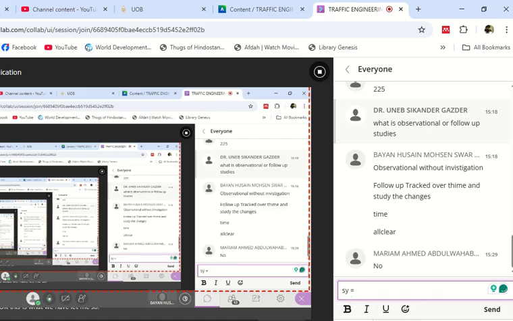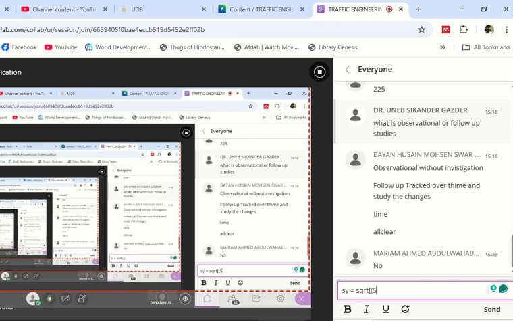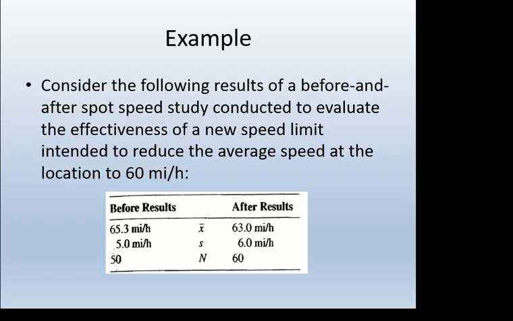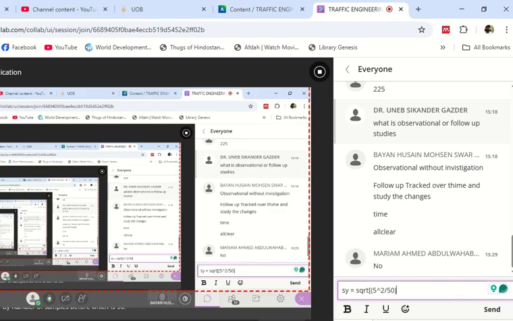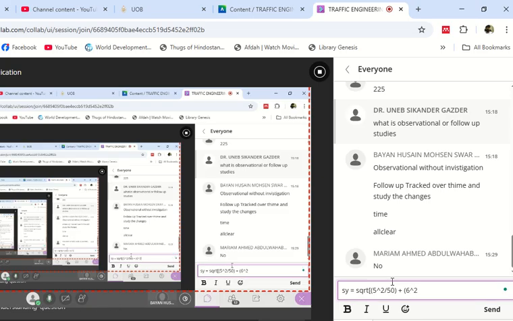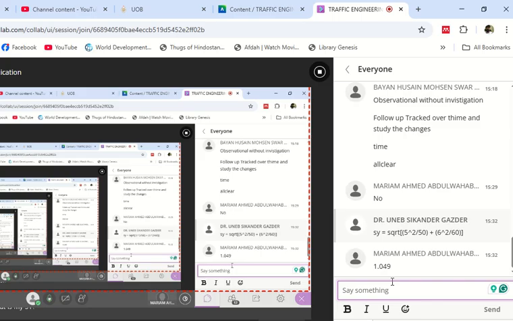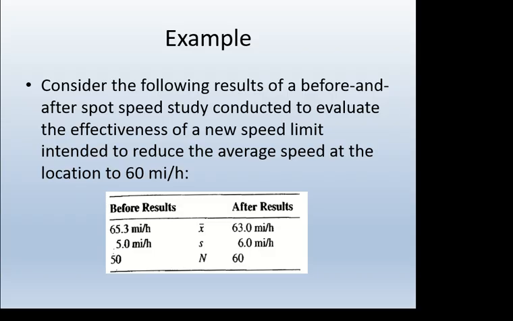SY equals the square root of the standard deviation before, 5 square, divided by the number of samples before, which is 50, plus the standard deviation after, 6 square, divided by the number of samples after, 60. So what is my SY? Then my Z value will be the difference of the means, 65.3 and 63.